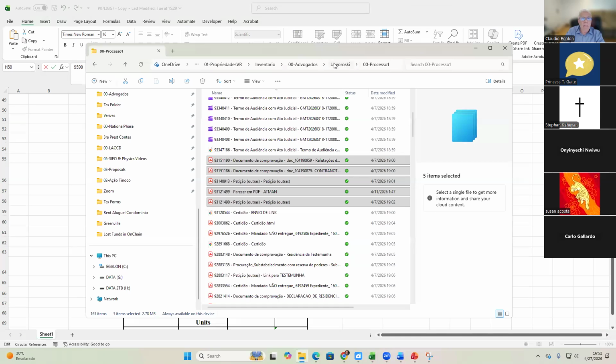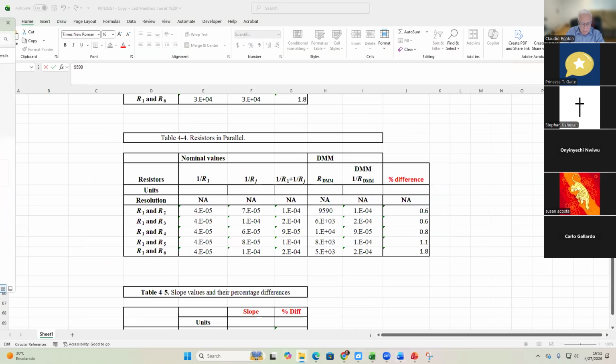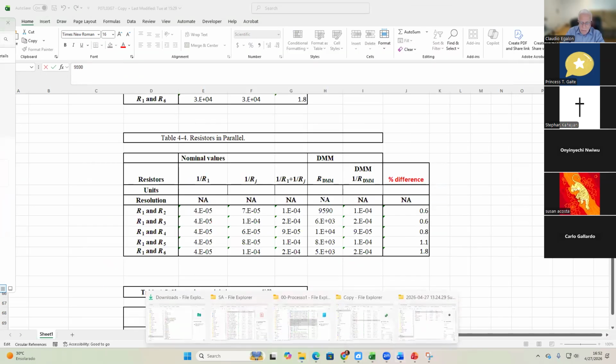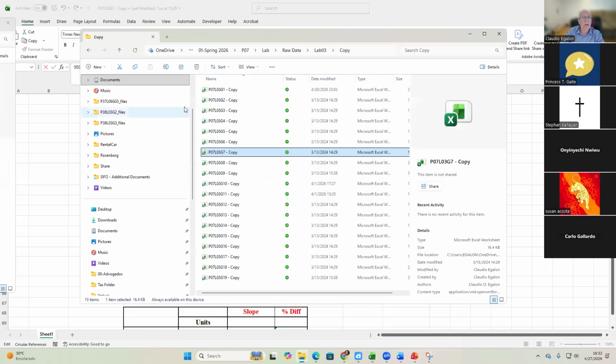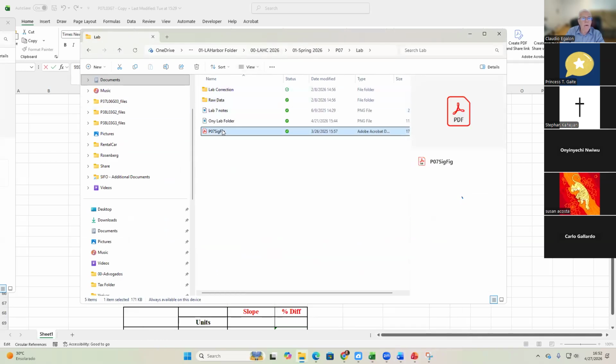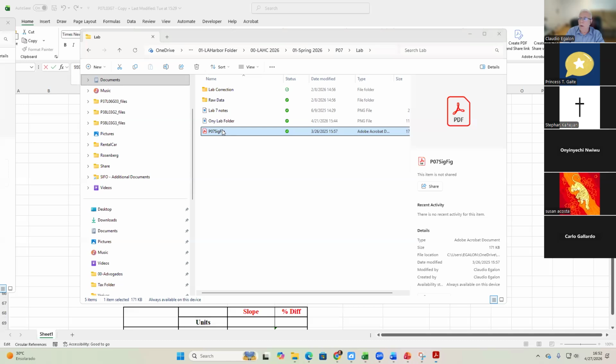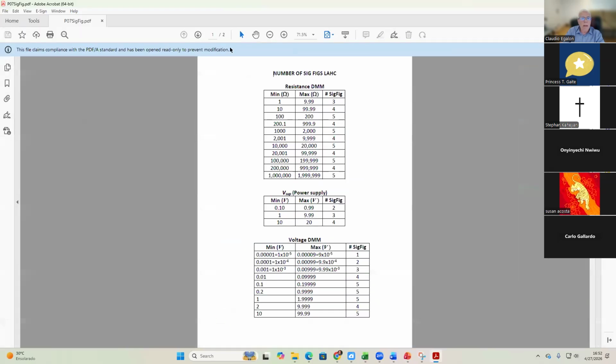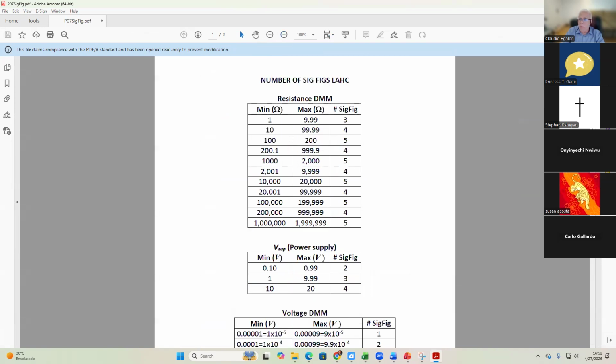Let me just double check to make sure. Let's see. Hopefully, that's the table here. That's the table. 9,500, right? You have to look at the resistance.